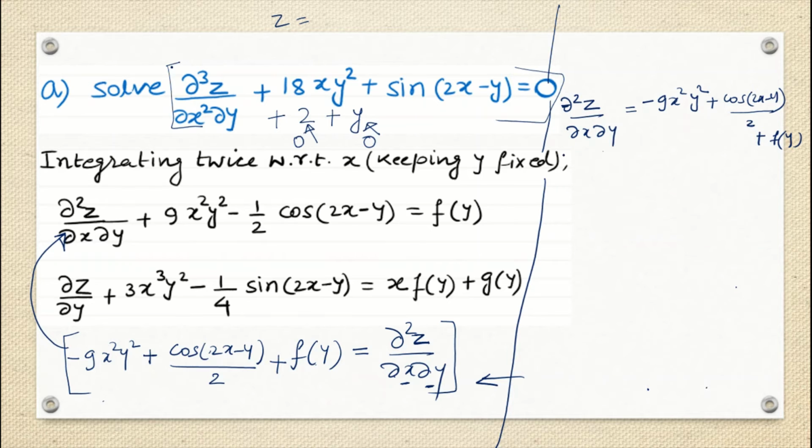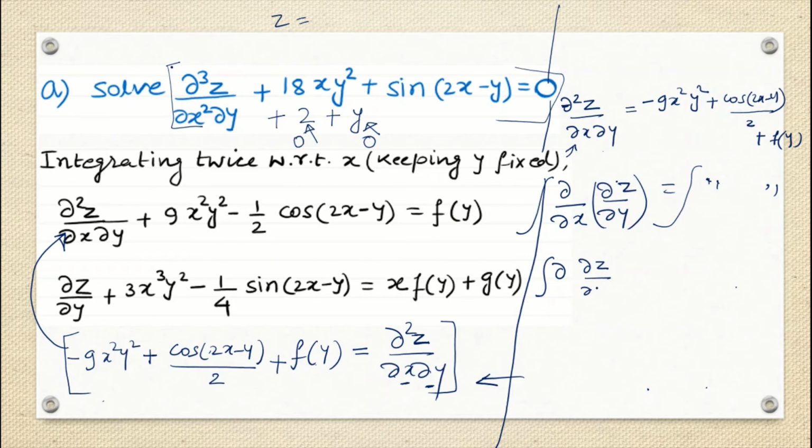So this left hand side I can write in this fashion: del by del x of del by del y of z, correct? No, so this is totally correct if I write the left hand side in this fashion and then the right hand side as it is. Okay, now if I'm going to find the integration of both sides, how should I write? I'm going to write integration of del z by del y. Okay, this is my left hand side, and in the right hand side I'm writing separately all the terms: minus 9x square y square.